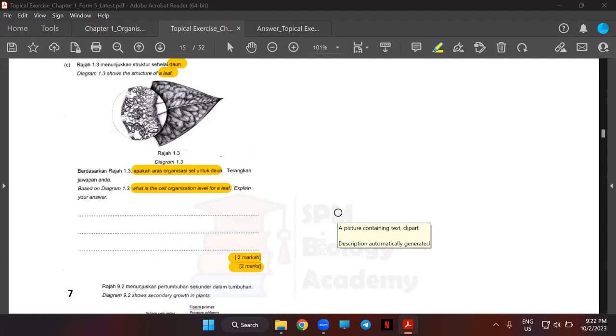Is it a cell? Is it a tissue? Is it an organ? Is it a system? Is it an organism? Either whether that thing is a cell, a tissue, an organ, a system or what.